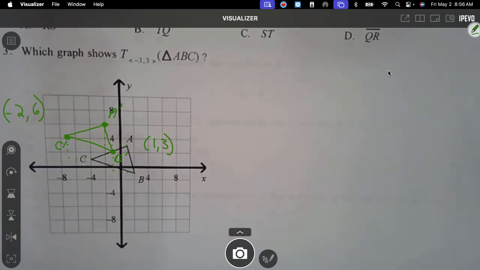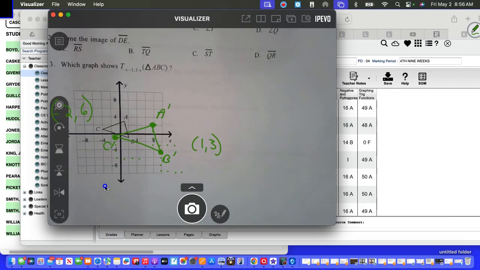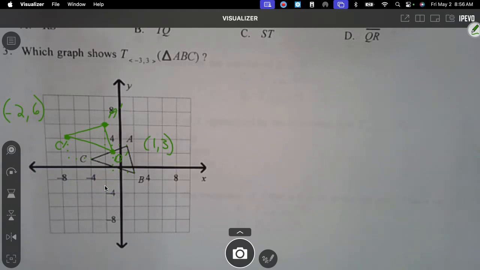Wait, so do you count it to the line, or do you use the -3, 3? I'm confused. I took this point right here and I counted left 3. So if I count left 3, that would be 1, 2, 3. Because each space is 2, I'm having to go in the middle. 1, 2, 3.